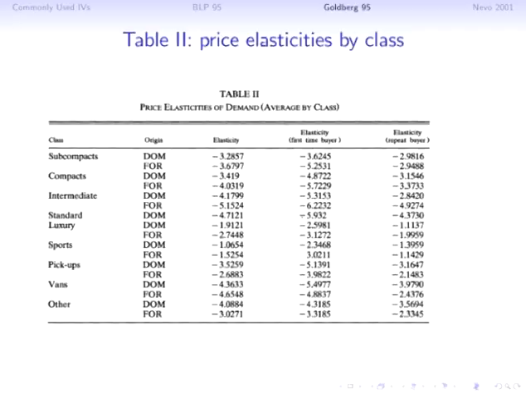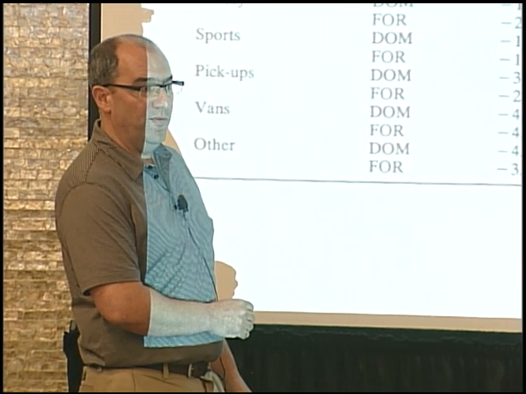So now let's look at price elasticities by class. It's a little bit hard to exactly compare the numbers from the 2 papers because they break things up a little bit differently. But in terms of the numbers here, so I want to look at this first column, the overall elasticity, they tend to be generally a little bit lower than what we saw before from the BLP paper.